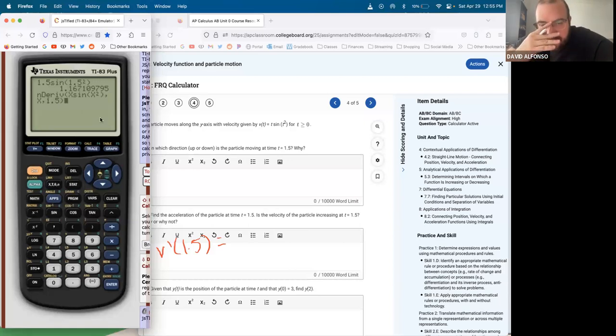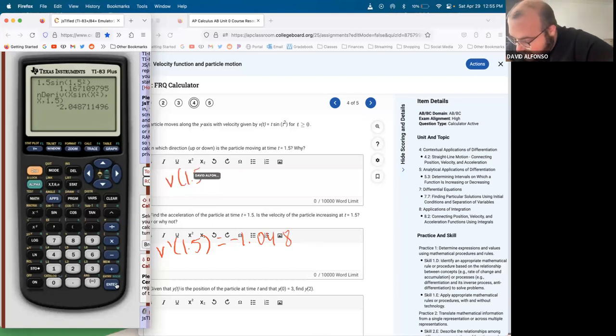I'm not sure why that's a necessary step, but that's just the way it is. We had also calculated that v of 1.5 was 1.167. So the acceleration of the particle is negative 1.049, or whatever you want to say.